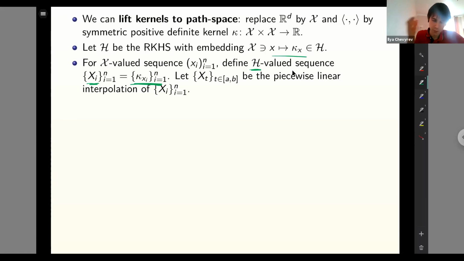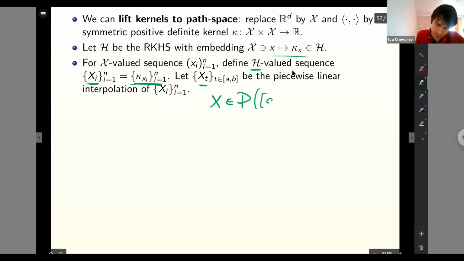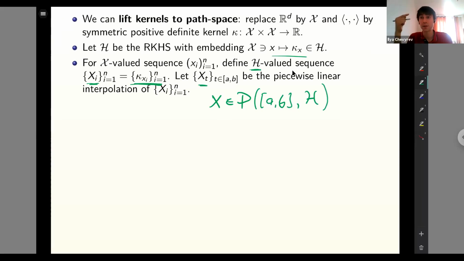Once we have the sequence, we can build a continuous path from it, say, again, just by piecewise linear interpolation. So now this path X is really a bounded variation path from AB into this reproducing kernel Hilbert space, potentially infinite dimensional.